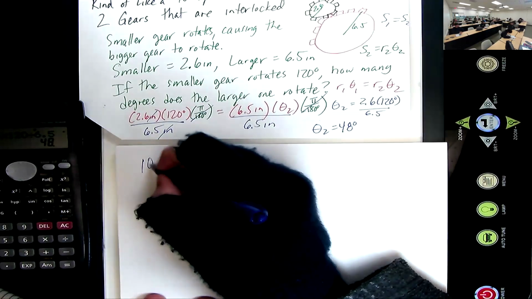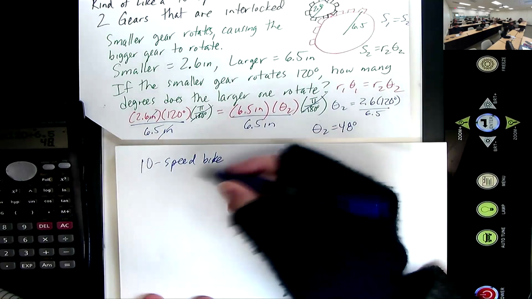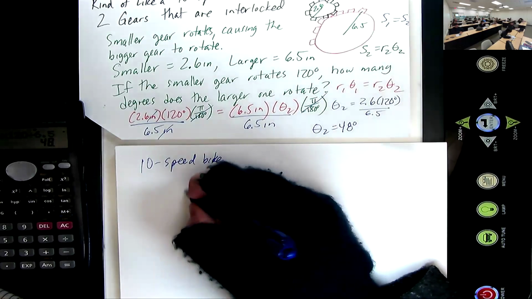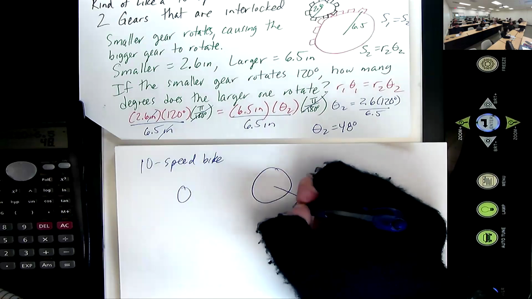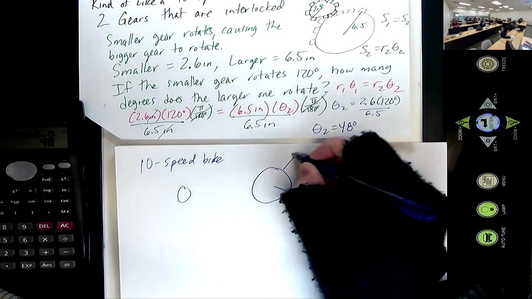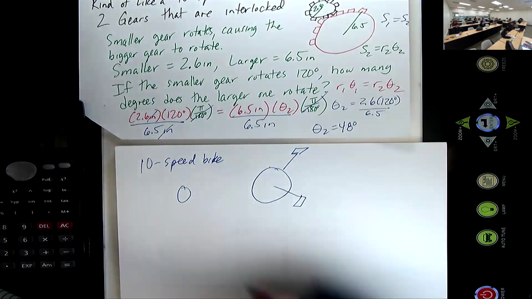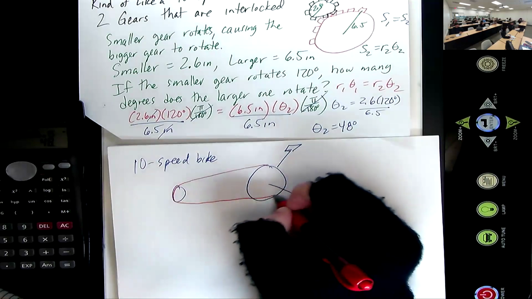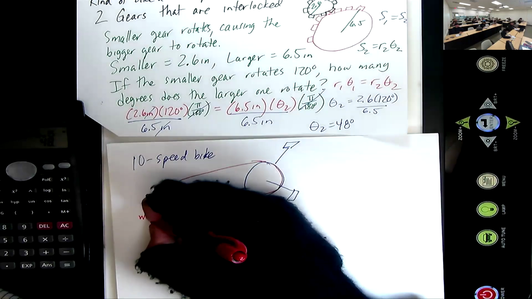So there's a big gear and a little gear, and this is the one with the pedals on it. And there is a chain that connects it, and this is on the back wheel.